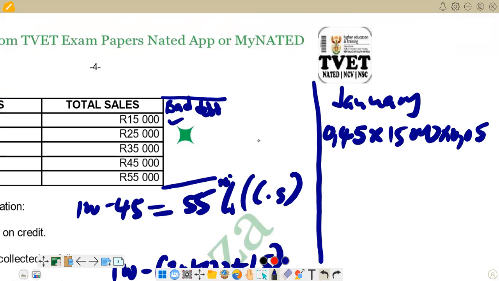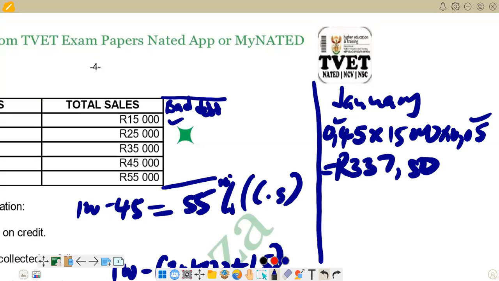This is the component of credit, and after getting the component of credit, you multiply by 0.05, which is indicating bad debts. Then if you calculate that one, you are supposed to get 337.50. So this is what we have for January.